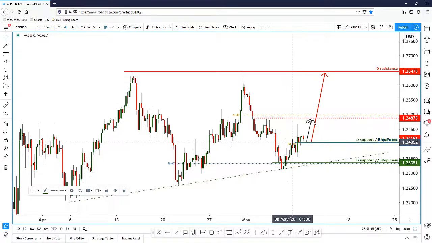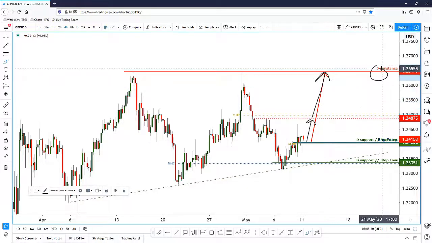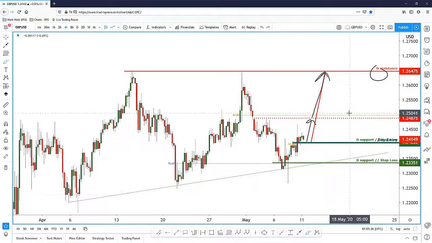This is to protect my position so that if price were to come back down, the trade will be closed out, but I would have already taken partial profit and I will not lose any further money, right? Of course, if price were to take off from here and go all the way to our final target, then we still have the position protected and the remaining 25% of the trade will still be profitable.